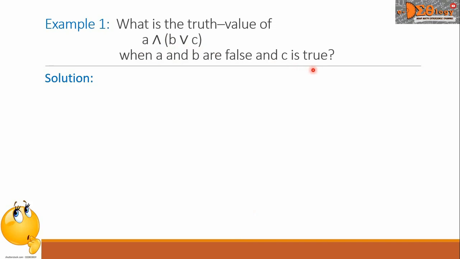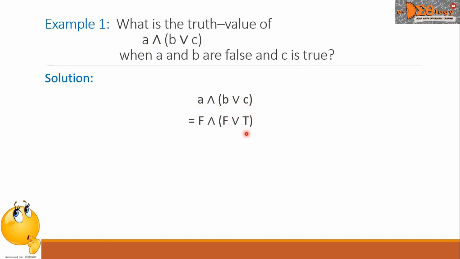For our solution, let us write again this problem down here. Then let us substitute each of the propositions by its truth value. The A is false, the B is false, and the C is true.